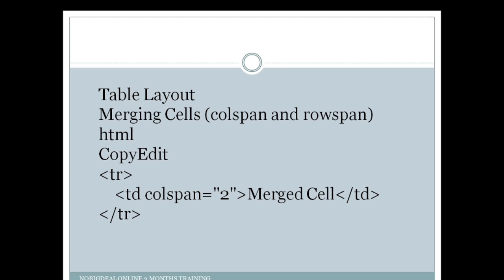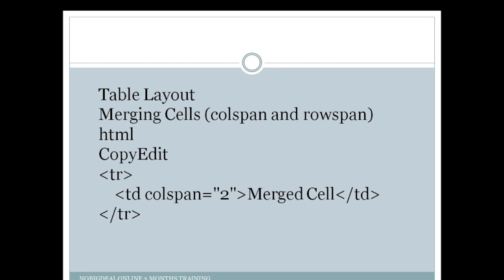So let's look at this example here. You can copy it and edit it to your own taste. The first one is a TR. That means my table row is having one table data, and another value under it. And this particular value now is merging columns.